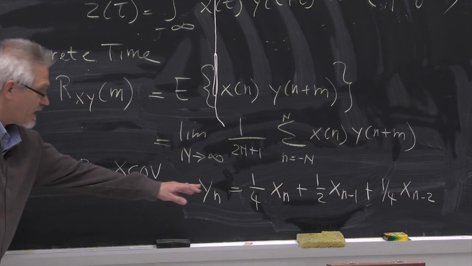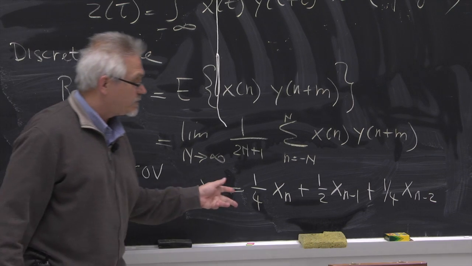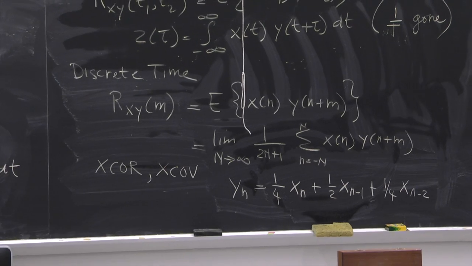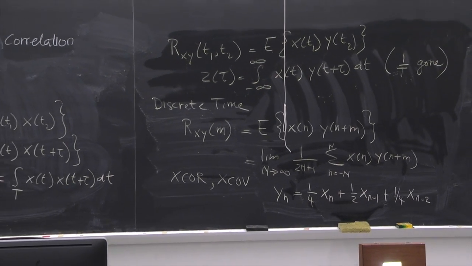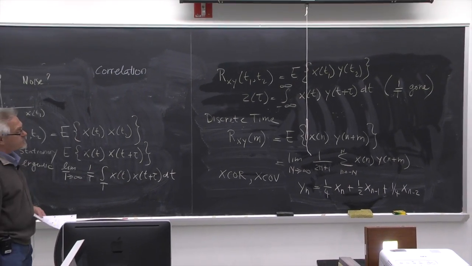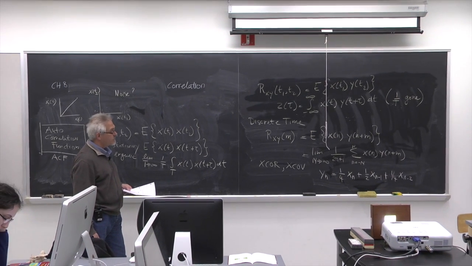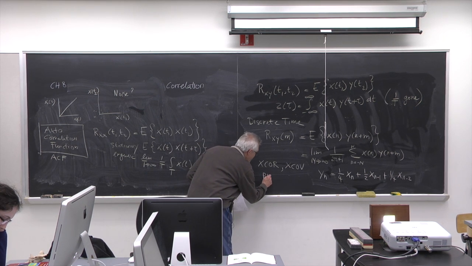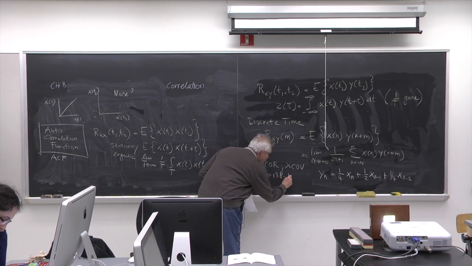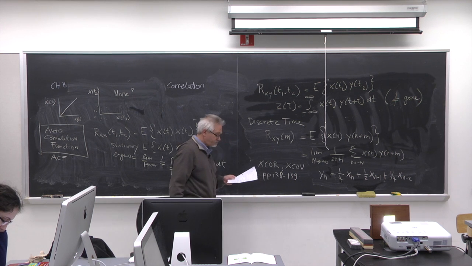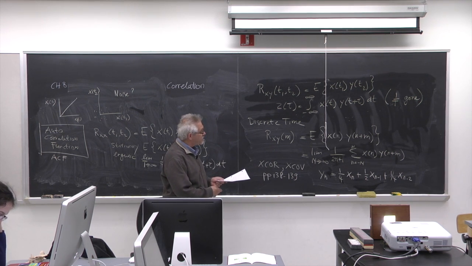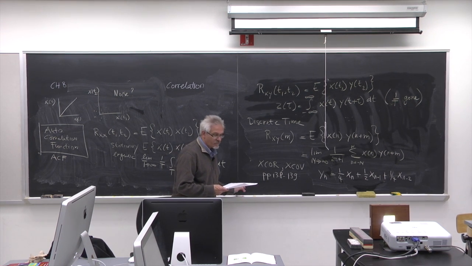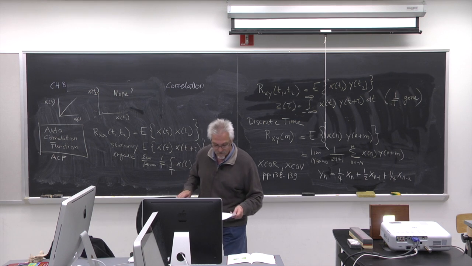It has a number of yn terms, in this case just 1, and a number of xn terms, in this case 3. And one of the things that is used often is looking at these things when x is, for instance, a random time series. And this is an example you can read about on pages 138 to 139. And that's also the example that is shown in program 8_2, which we are going to look at now.